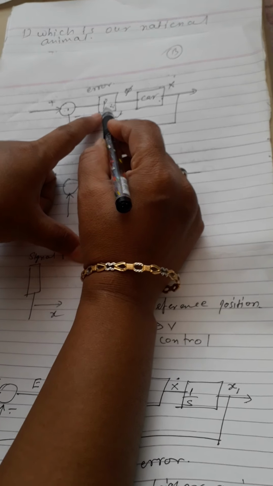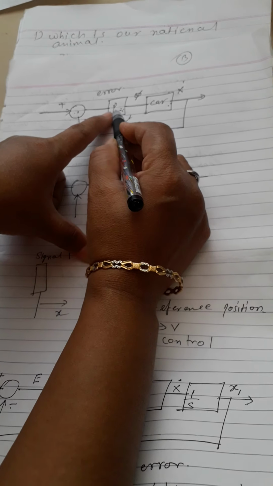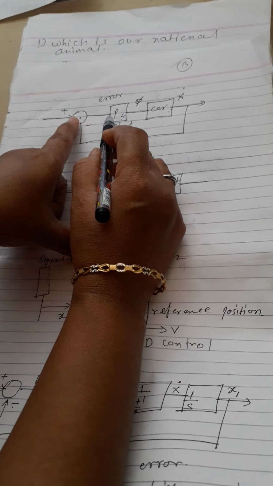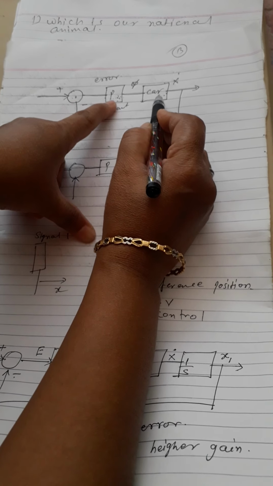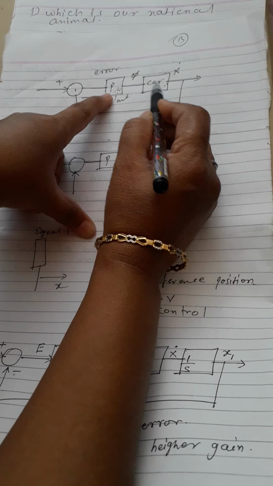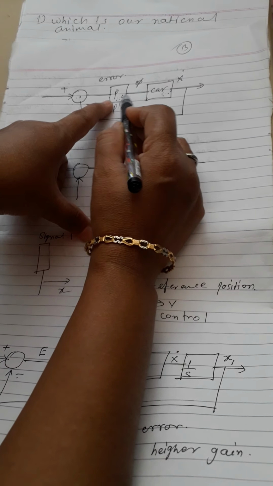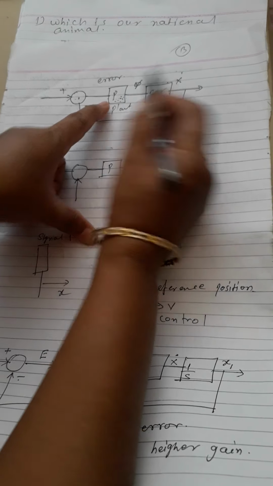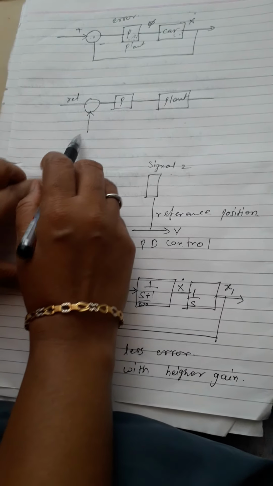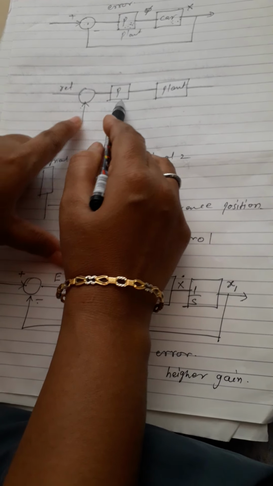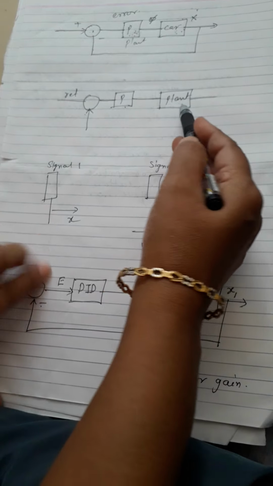When the car is moving, or any plant which is giving output, first we get the idea about the speed, and then it controls from one reference point to another reference point. So from plant 1 to plant 2 we are getting the control of phi, which is nothing but the angle. Here, for example, the reference is there, and the P controller has been used, given to the plant.